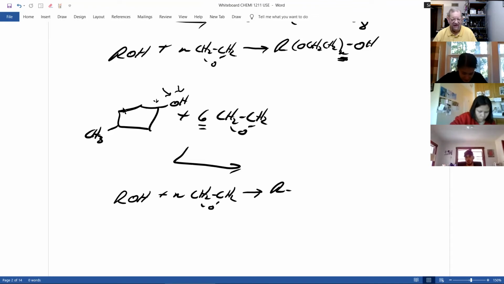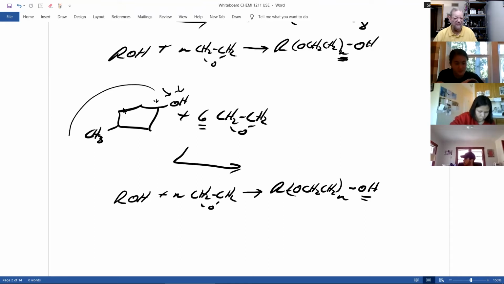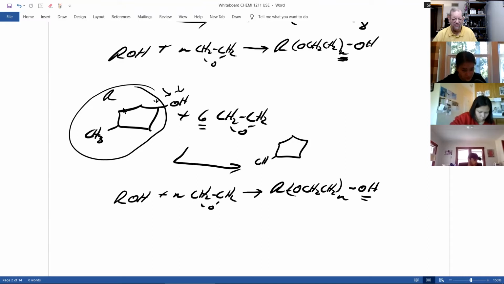And what you get is this polyether alcohol. Remember, the hydroxyl group is outside the bracket. And what's our, this ring with a methyl group? So I'm going to have that ring with a methyl group.